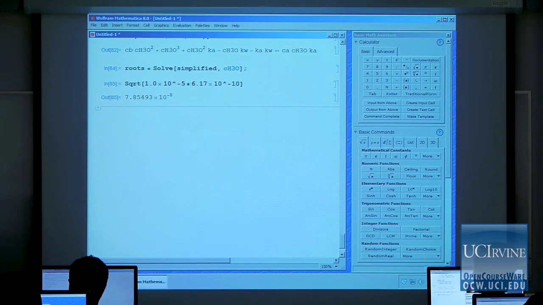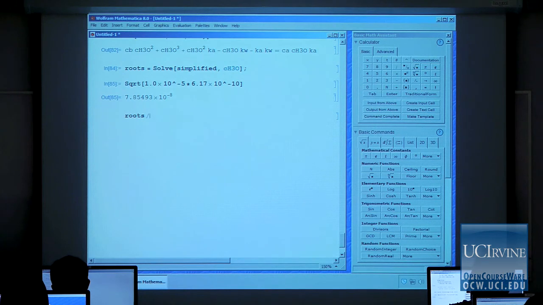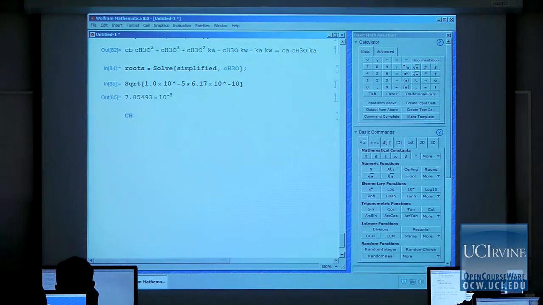All right, so what we can do is say CH3O. Whoops, no, sorry. Let's have a look at what it is. So we say roots slash dot, no, sorry, we have to say small c, CH3O.